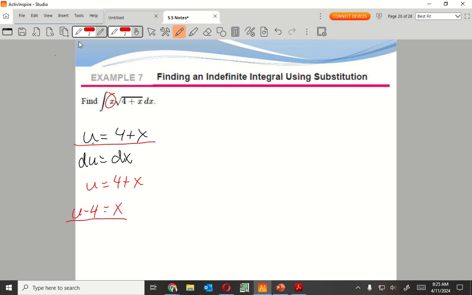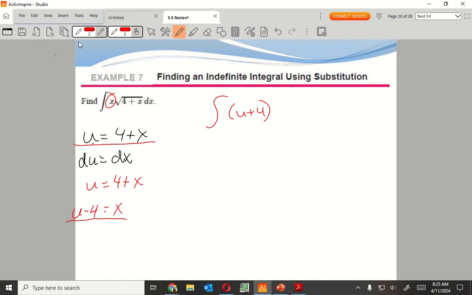Right? Yes. So that should be straightforward. Does that make sense? Okay, so now if I rewrite my problem, I'm going to replace x with u plus 4. Okay? So I'm going to have an integral of u plus 4.